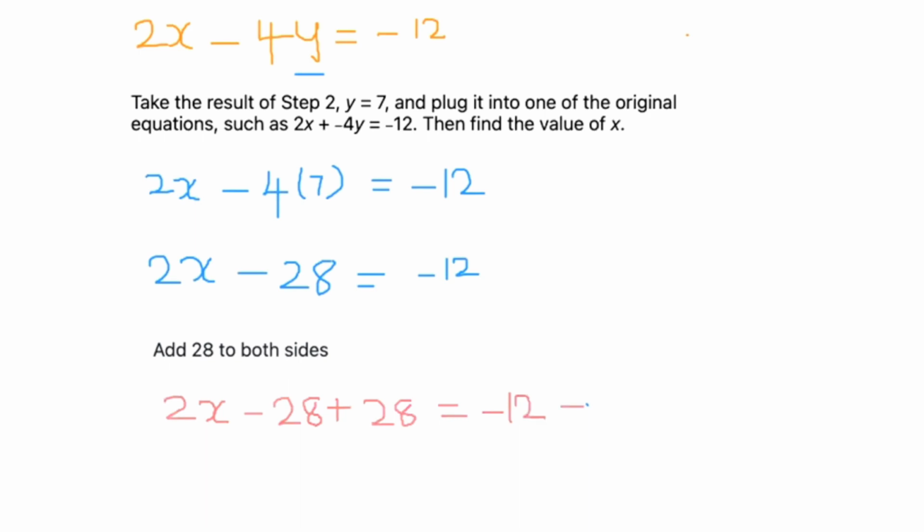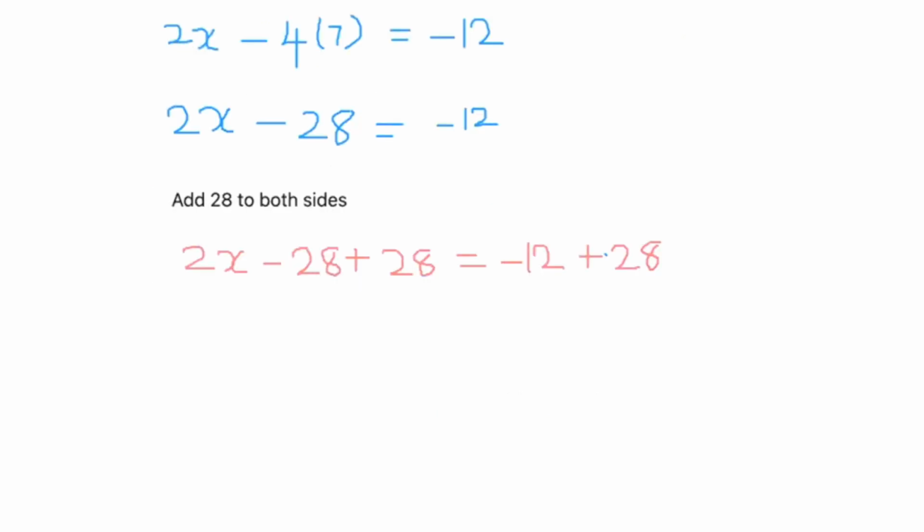So what is minus 12 and plus 28? Okay, 16. Yes. And we know that minus 28 and plus 28 is 0. So 2x is equal to 16.